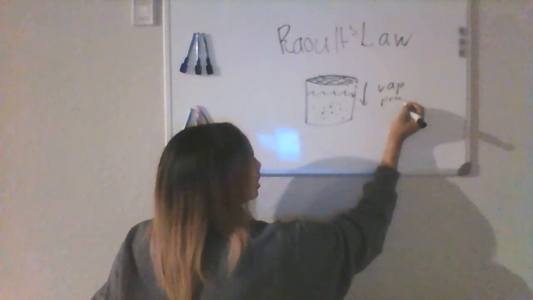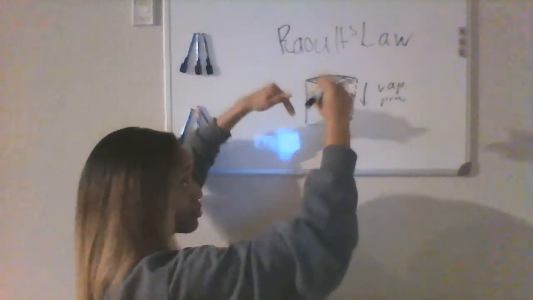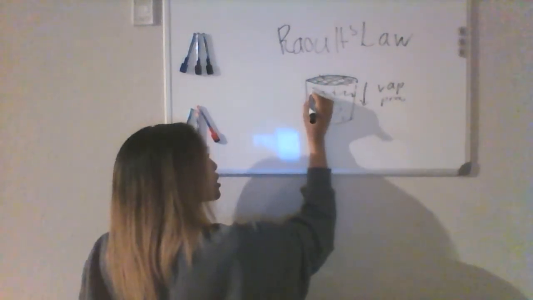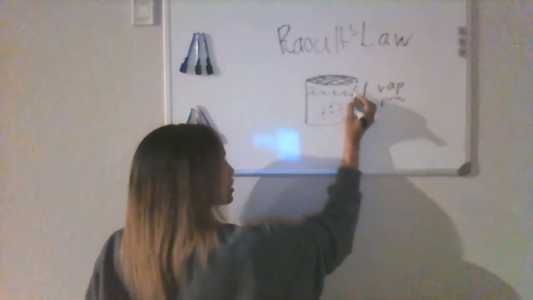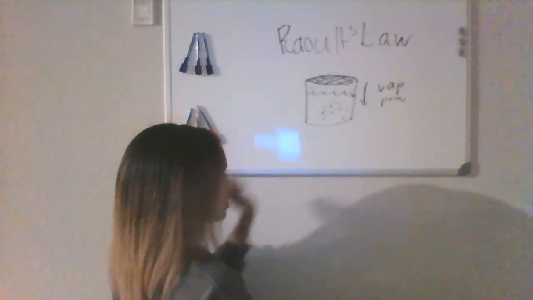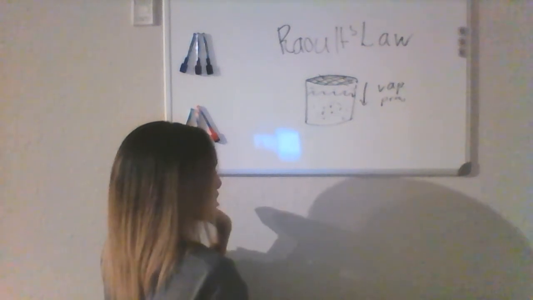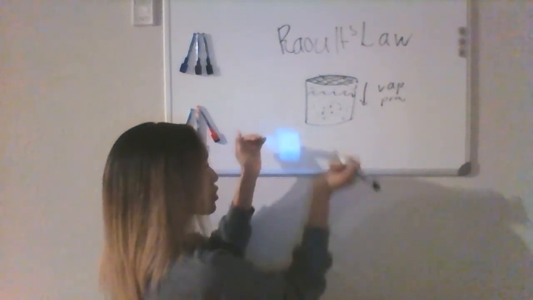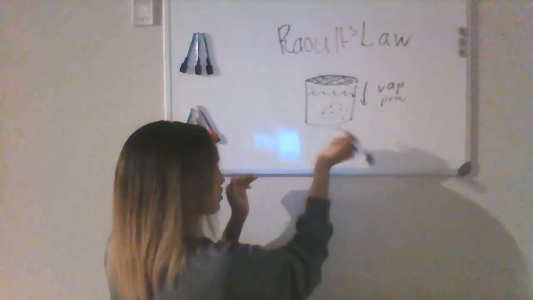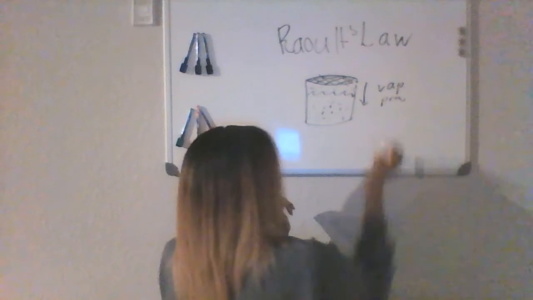Okay? And vapor pressure is not the pressure acting on the fluid, the ambient. It's actually the pressure that the fluid exerts on the container when it escapes from a liquid to gaseous phase. Okay? So as the more solutes you add to the solvent fluid, you decrease the vapor pressure.